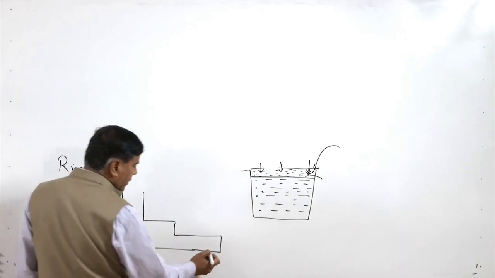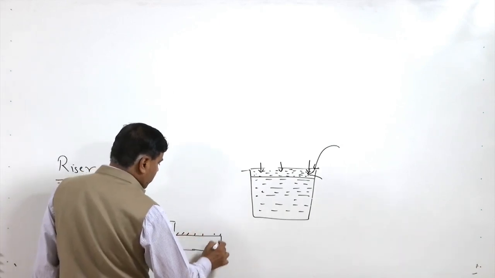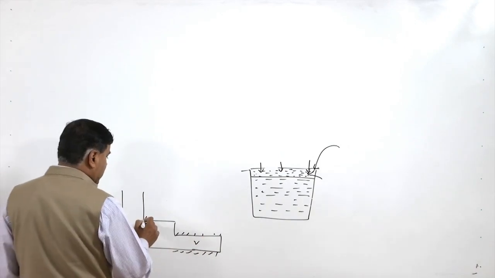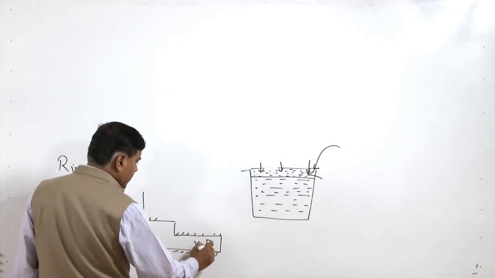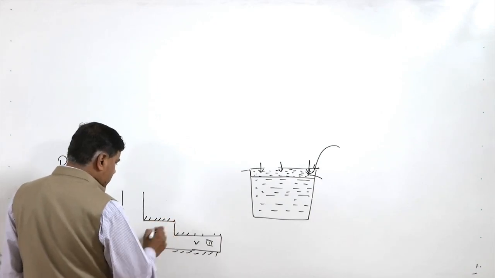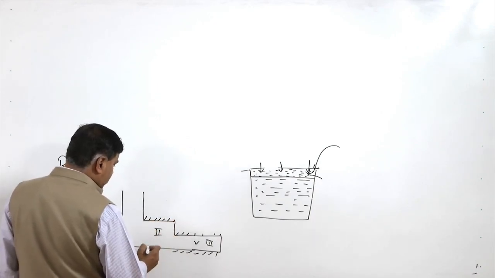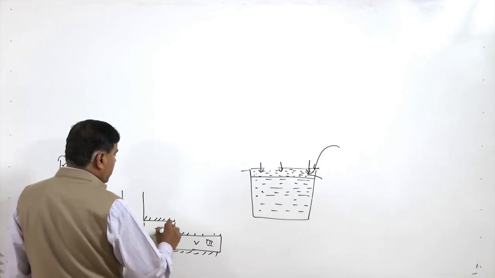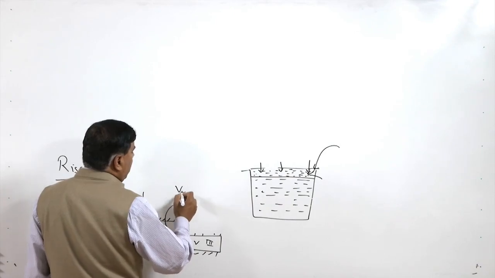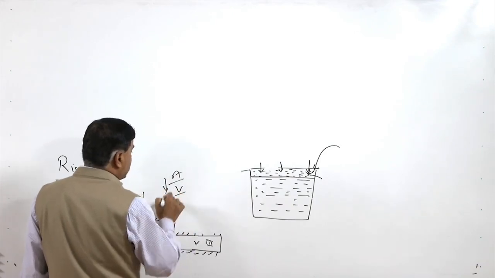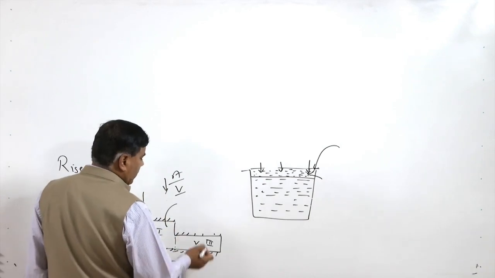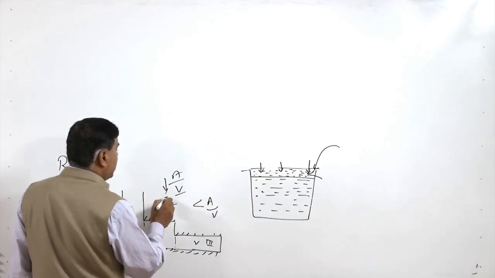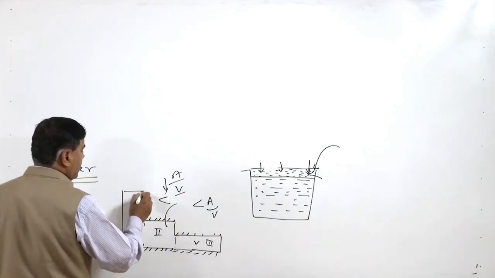If we see here, the surface area of this zone of the casting is much larger as compared to the volume, while in case of zone 2, the surface area to volume ratio is lesser, and here the ratio is much more, somewhat lesser, and further lesser is for this zone.